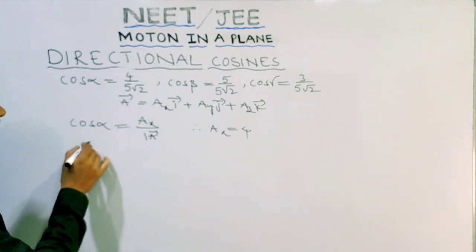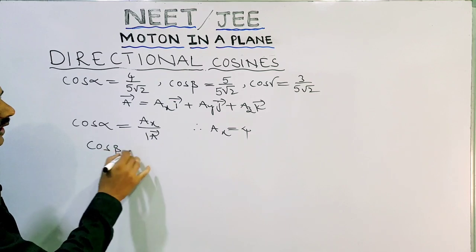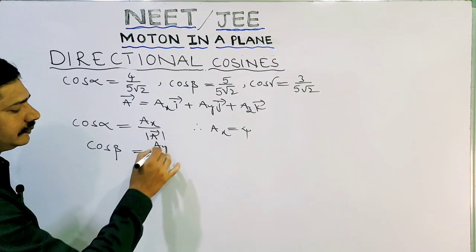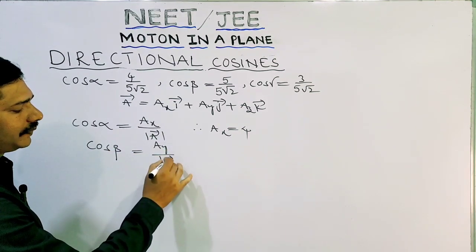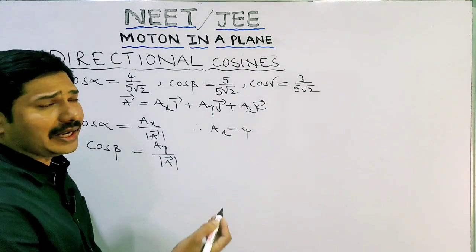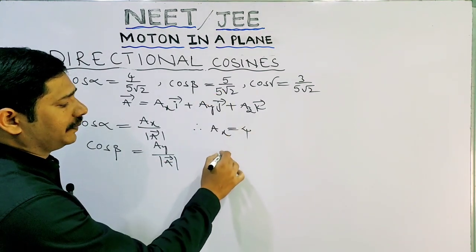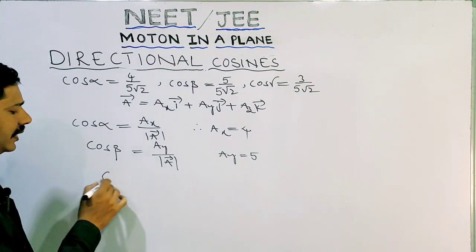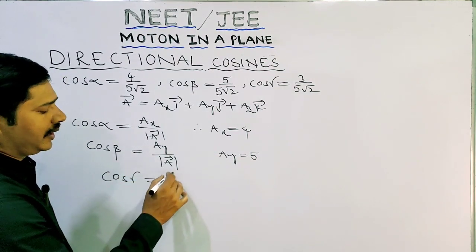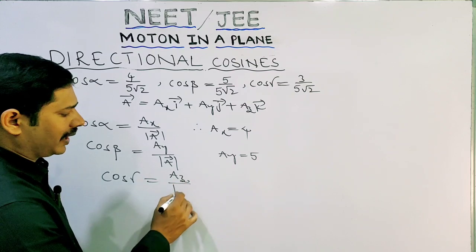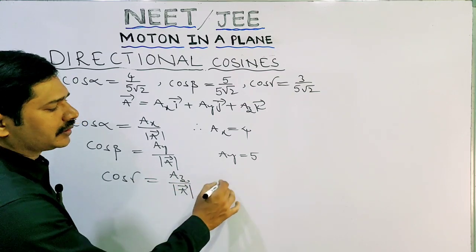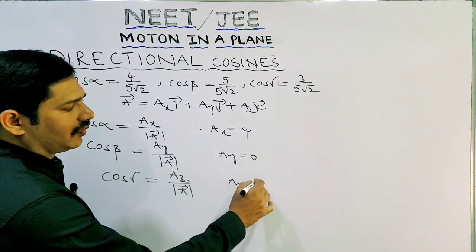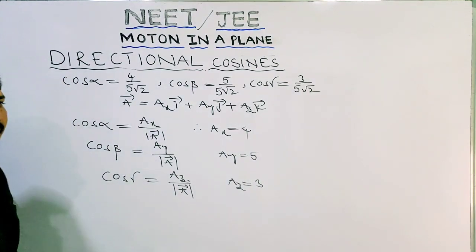Like that only, cos beta equal to ay by mod of a bar. Instead of ay, 5 is there. Ay equal to 5. And in cos gamma, az by mod of a bar, that means az equal to 3.